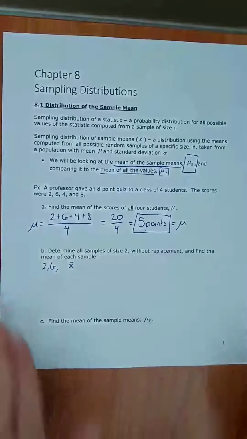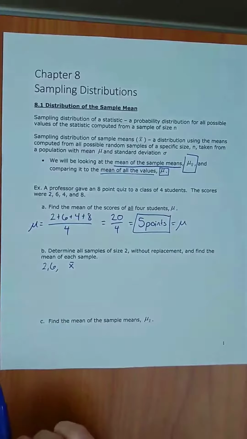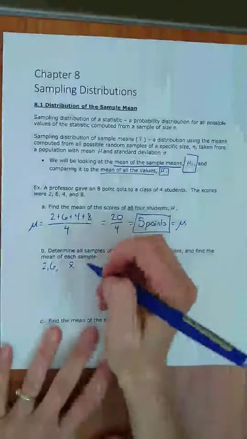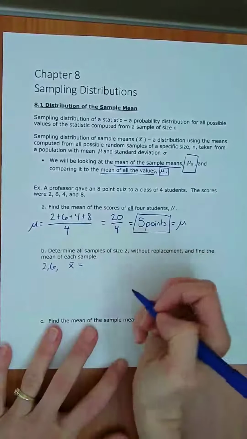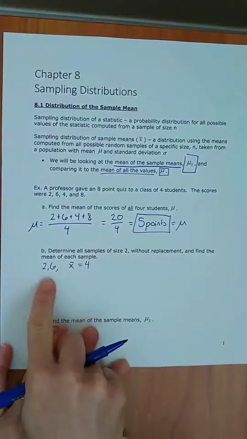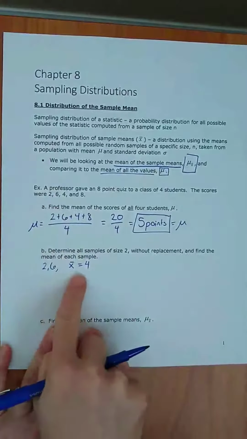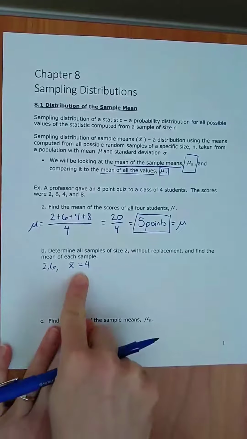Well, the mean for a sample instead of the whole population is X bar, not mu, right? So 2 plus 6 is 8, and 8 divided by 2 is 4. So if we take the little sample of the first 2 students out of the total of 4 students, the average for them is 4 points.